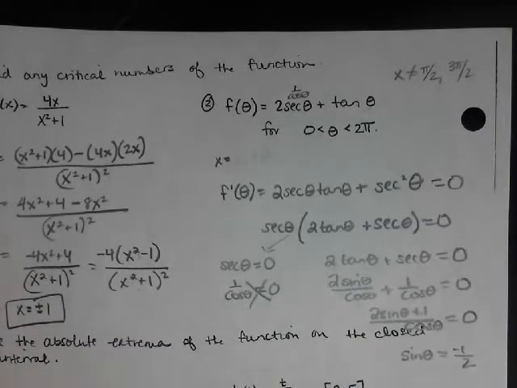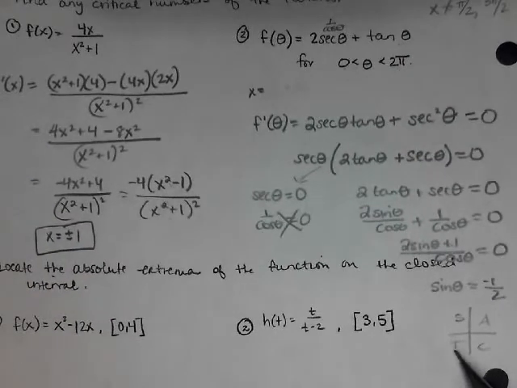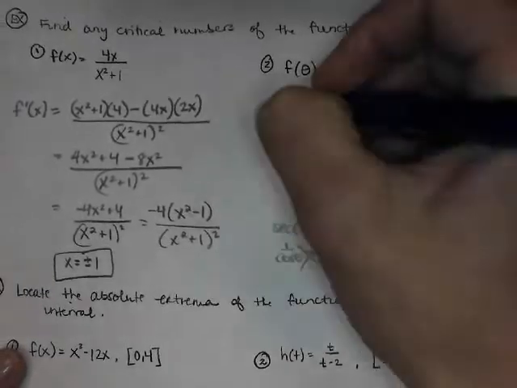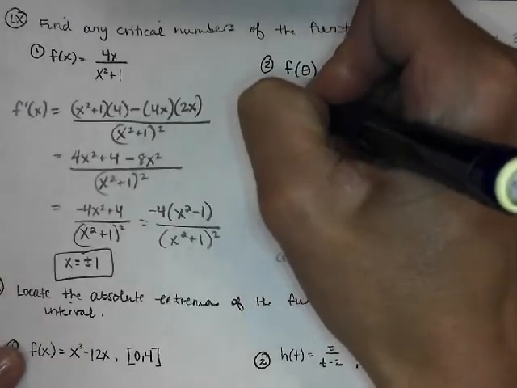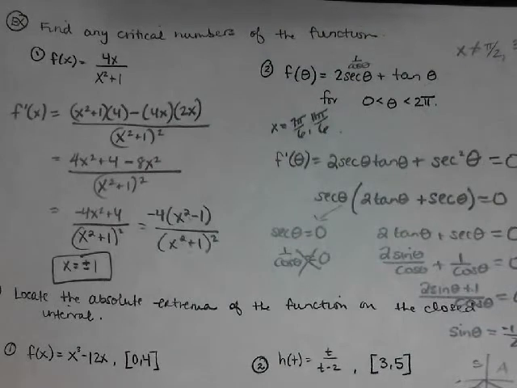So that obviously happens with a reference angle of pi over 6, but All Students Take Calculus tells us it has to be in the 3rd or 4th quadrant in order to be negative. So if this is 6 pi over 6, we want 7 pi over 6 as a critical point, and 11 pi over 6 is a critical point. And that's it for critical numbers, I should say, not critical points.